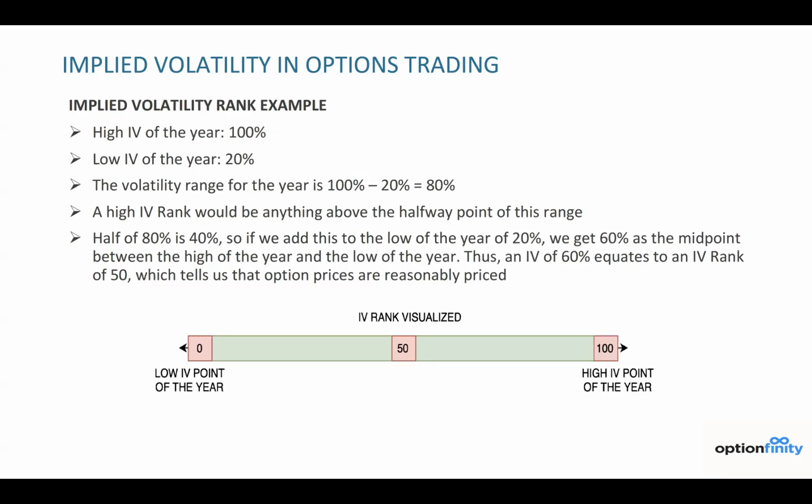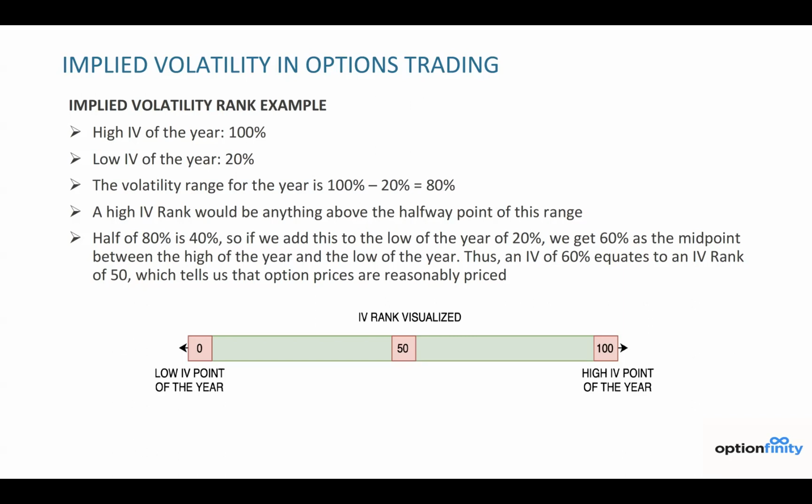So here's an example right here. I'm gonna go back to Twitter in a sec, right? So an example of IV rank. You have a stock with a high IV of the year of 100% and a low IV of the year of 20%. Now the volatility range for the year is 100 minus 20, which is 80%, right? A high IV rank would be anything above the halfway point of this range.